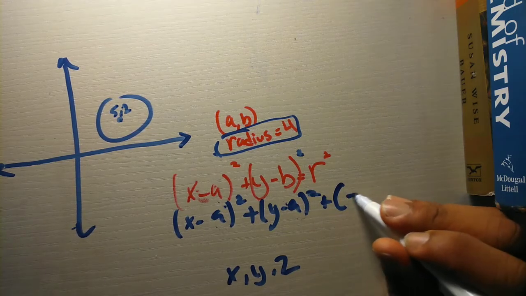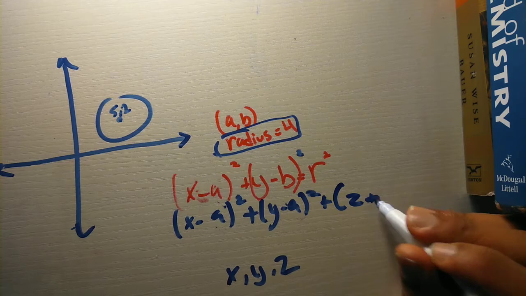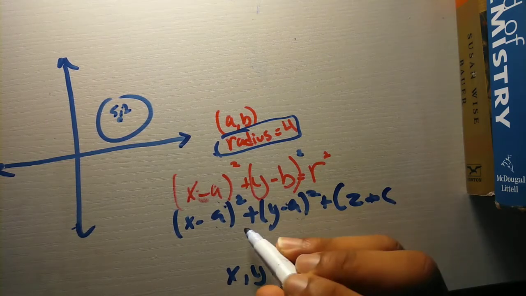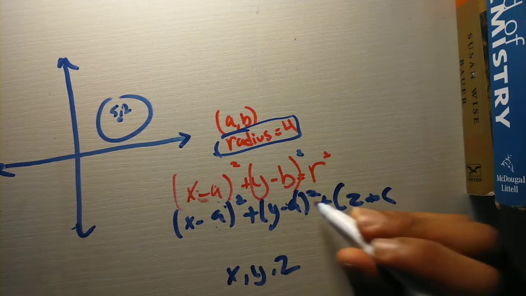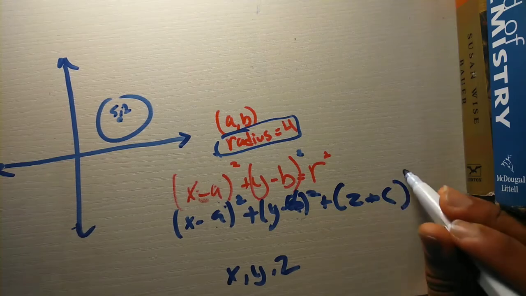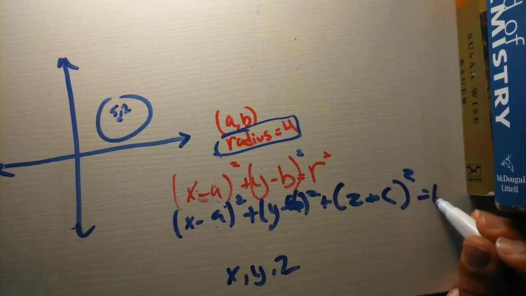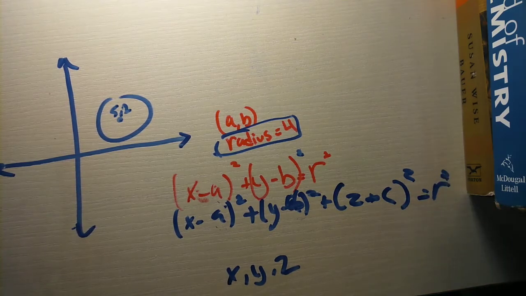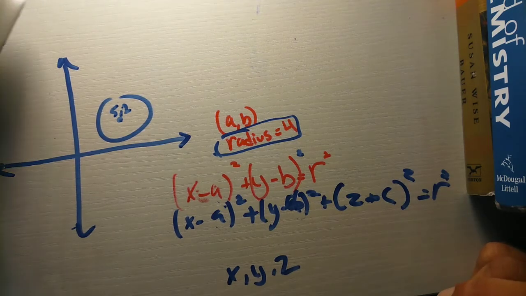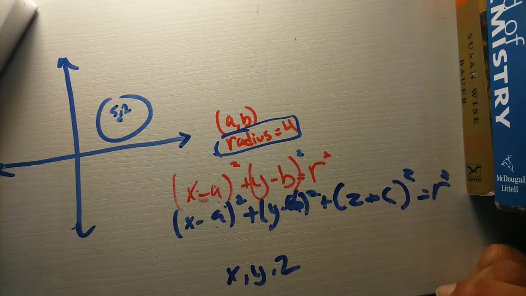It would be z minus c, A, B, C, squared, which is equal to r squared. Alrighty, and that is how you find the 3D or spherical radius on the coordinate plane.